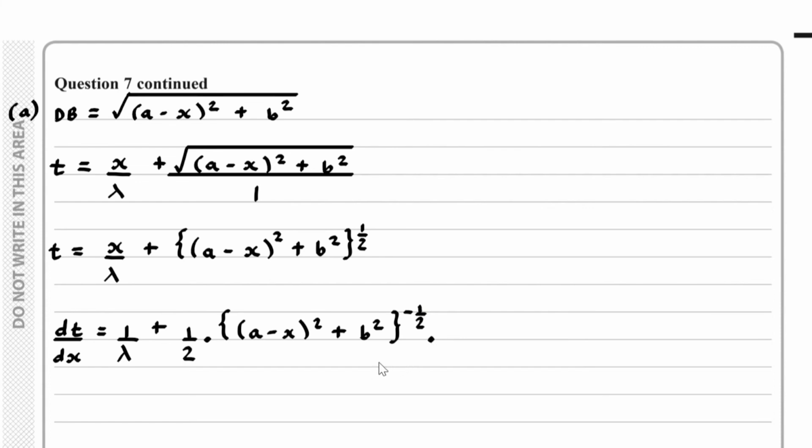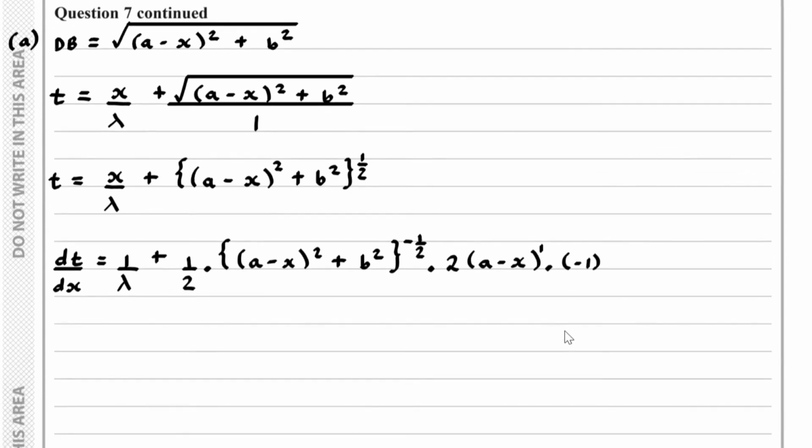And then we multiply by the differential of the bracket. Now the differential of the bracket, I need to differentiate a subtract x squared. And using the chain rule again, we've got the 2 multiplied by a minus x multiplied by the derivative of this bracket, which is minus 1.